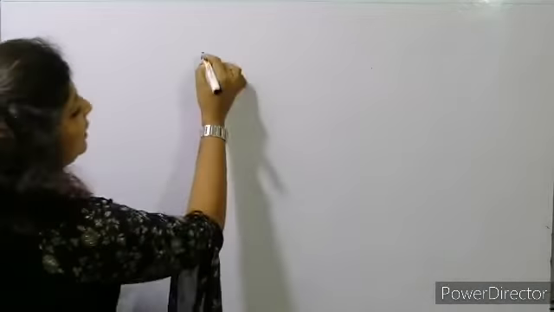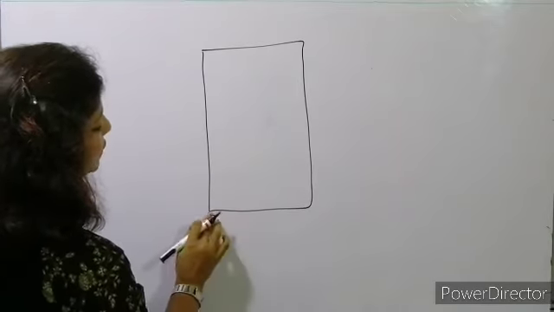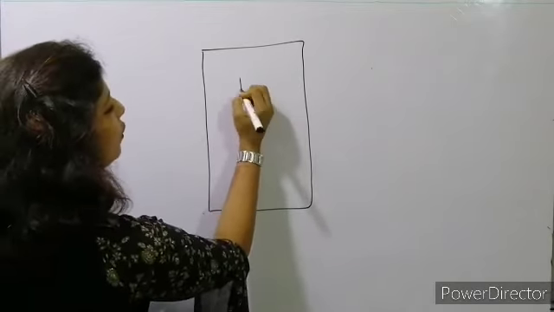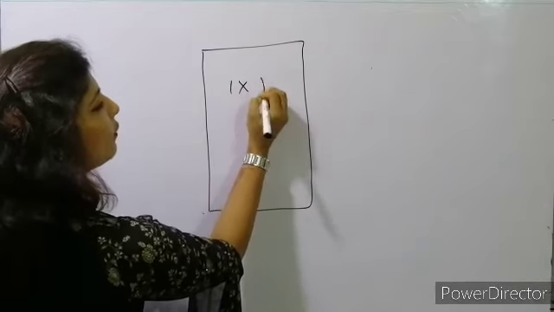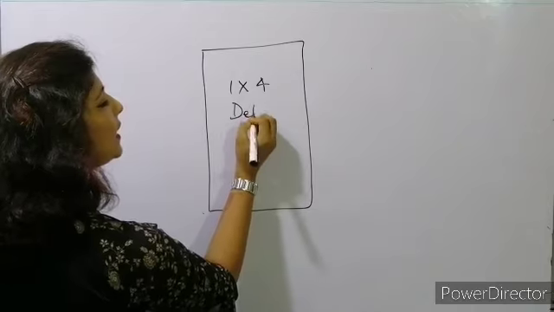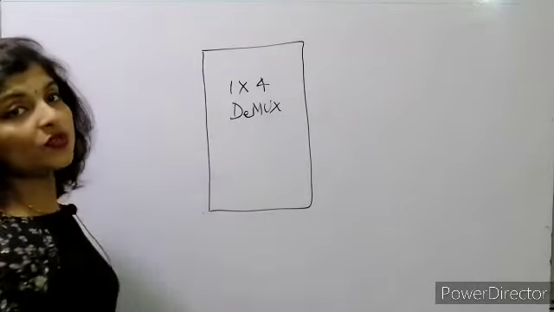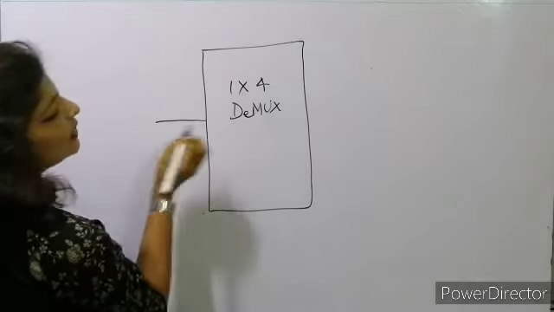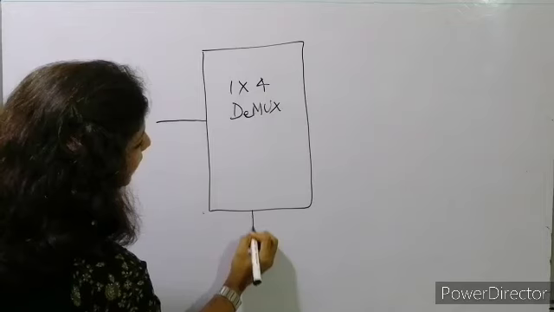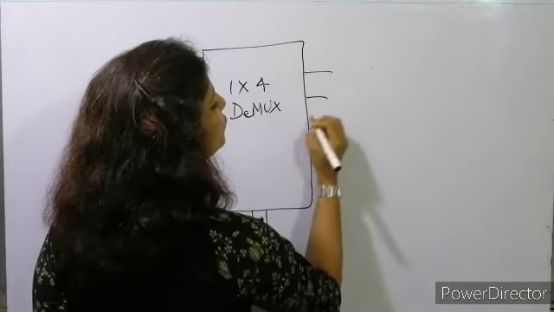So the demultiplexer is denoted by DMUX. First of all we'll see the 1 cross 4 DMUX. Just as the multiplexer was 4 cross 1, this is 1 cross 4, so there will be only one input line, 2 select lines, and 4 output lines.